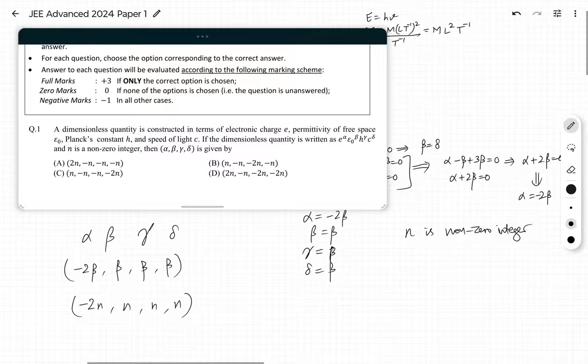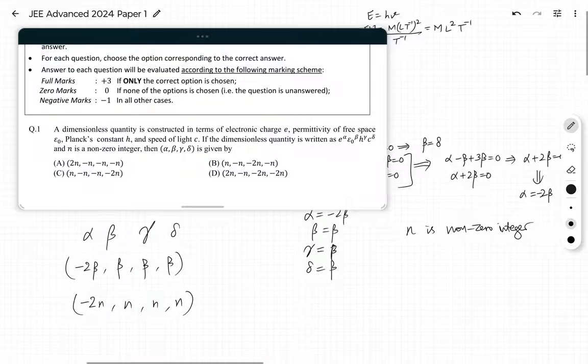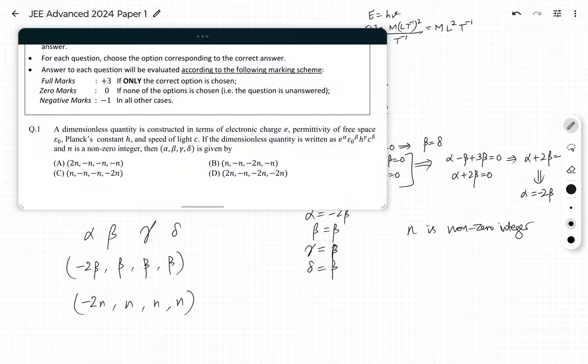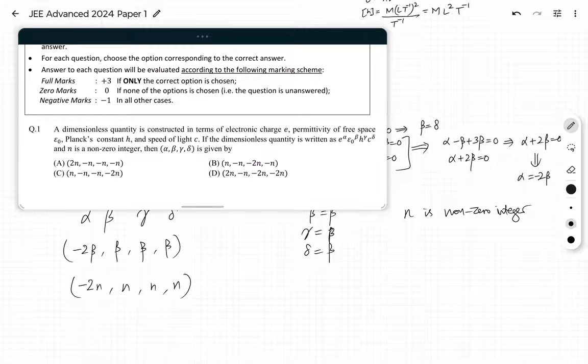And because it is a non-zero integer, and an integer can be negative and positive, this is also a set that is true. Corresponding to that, we can also have the signs switched.